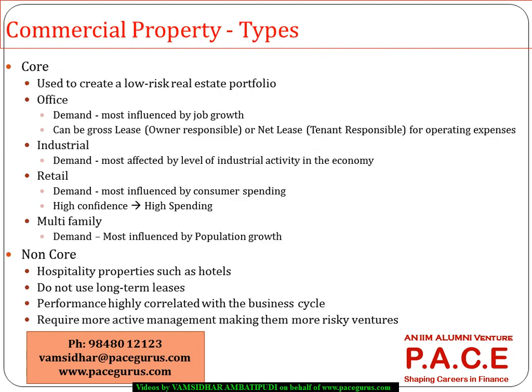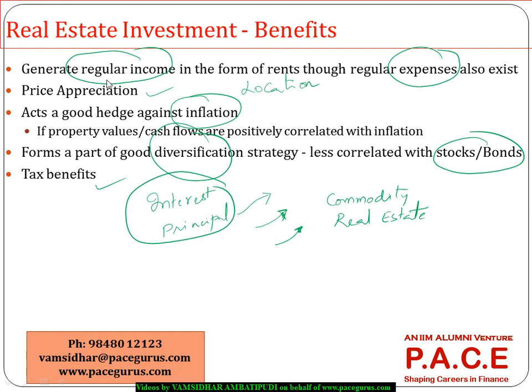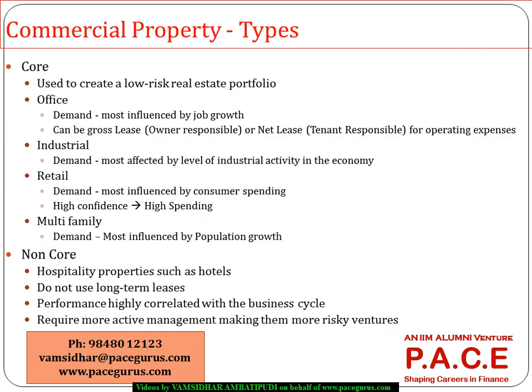Then coming on to a better classification of commercial properties, we generally classify them as core versus non-core. Core is the set of property which will help the investor create a low risk profile portfolio.